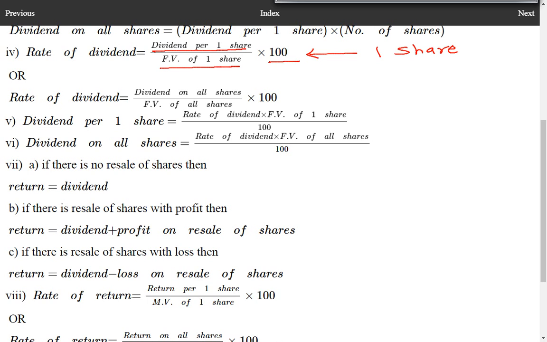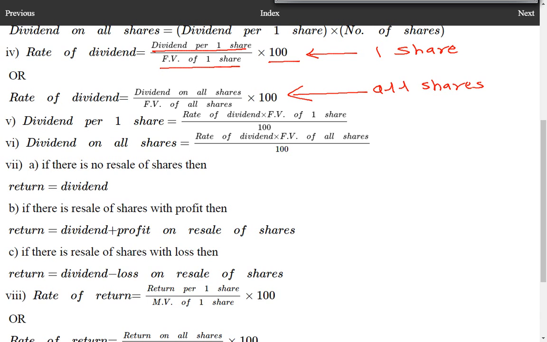Remember the formula for rate of dividend: it is dividend per one share upon face value of one share. There is a similar formula based on all shares. For all shares, rate of dividend is dividend on all shares upon face value of all shares into 100.